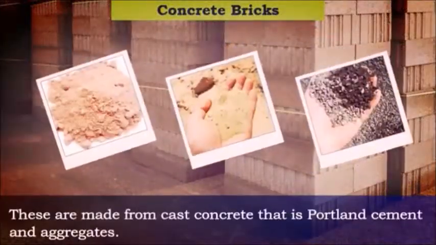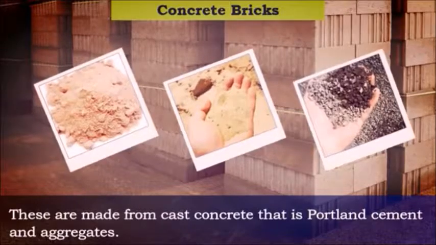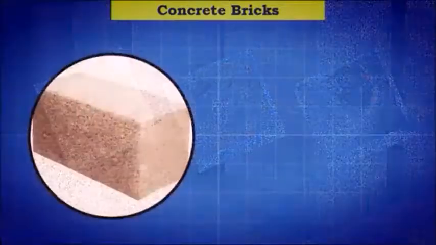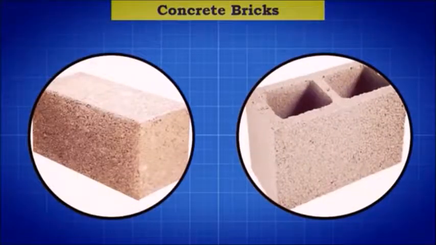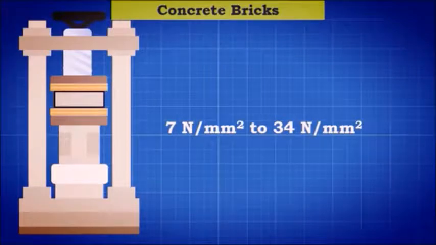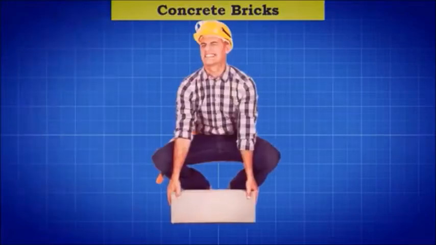Concrete bricks. These are made from cast concrete, that is Portland cement, and aggregates. Concrete bricks are generally manufactured as solid blocks or hollow concrete blocks. The compressive strength of concrete masonry units and masonry walls varies from approximately 7 Newton per millimeter square to 34 Newton per millimeter square.